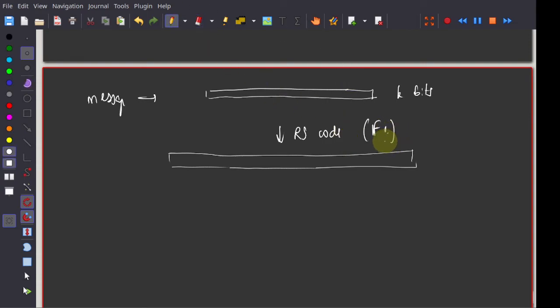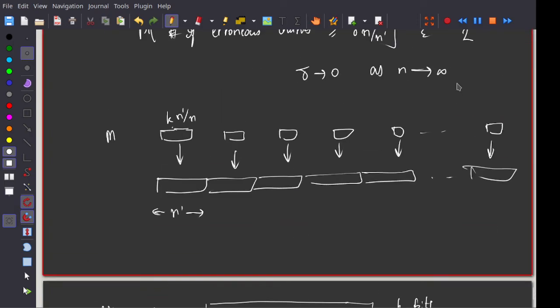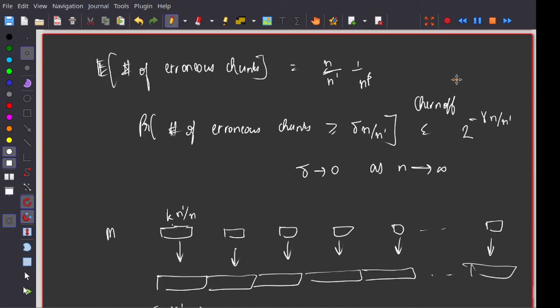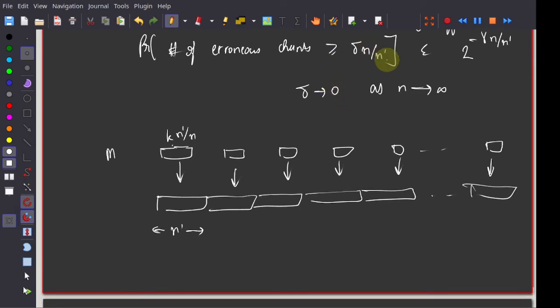Let's take q equal to 2 just for simplicity. So it's F_2 to the power L. The field size is 2 to the power L, where I'll let L grow with n. And this has minimum distance which is larger than, say, 2 times delta n by n.